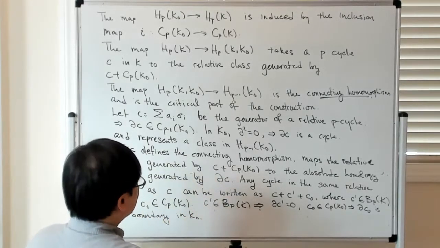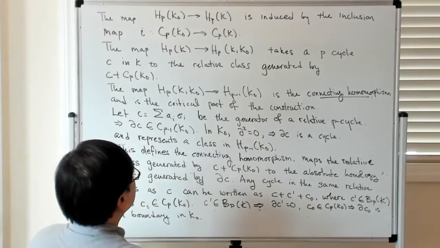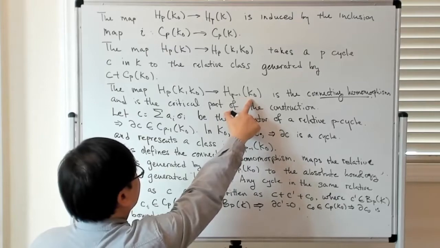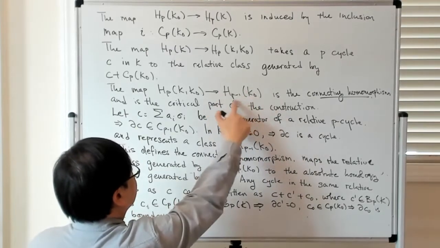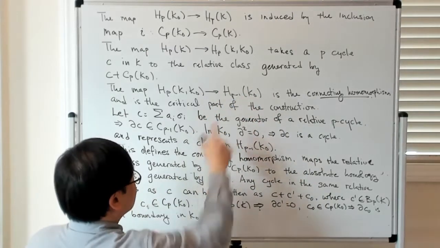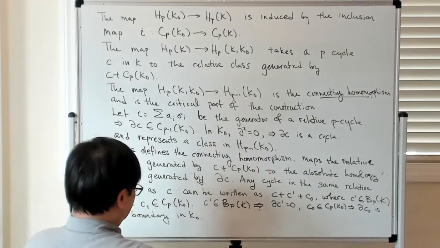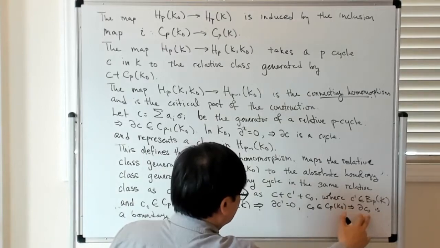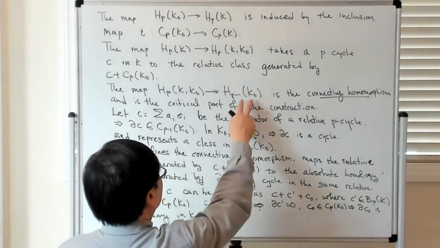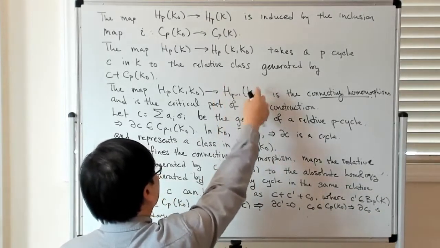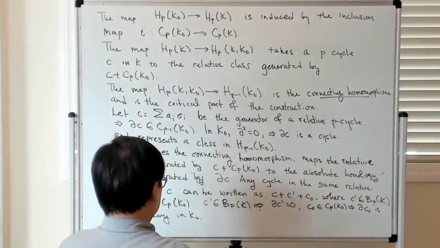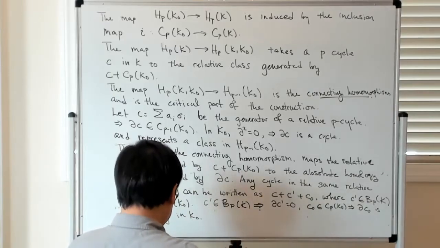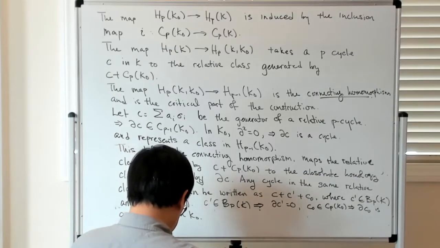And that's okay as well because H_{p-1}(K0) is again a quotient group which comes from quotienting cycles by boundaries on K0. So the boundary of C0 is going to map to 0 when you quotient by boundaries on K0. So that is still okay.